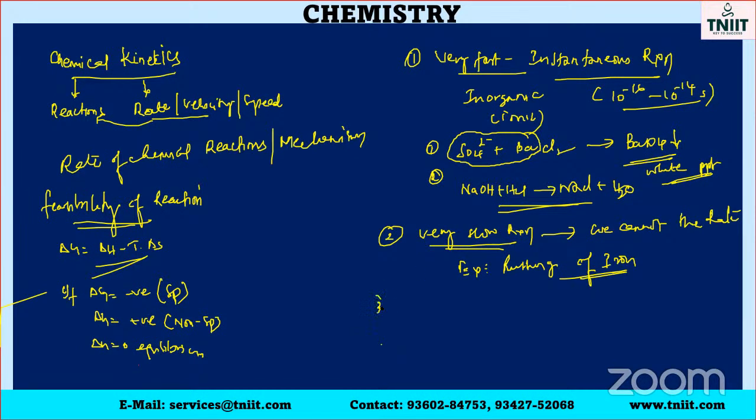The third set of reactions we have is called moderate speed reactions. For an example of a moderate speed reaction, the decomposition of hydrogen peroxide.